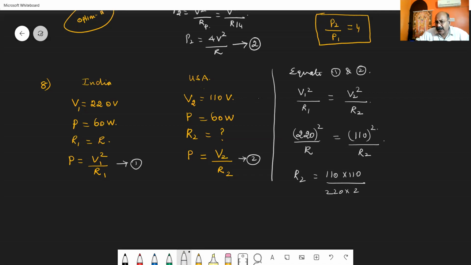I have taken R2 to the other side, 220 into 220 multiplied with R. When I am dividing this, I am able to get 4. So R2 will be equal to R divided by 4. So the resistance of the bulb is 1 by 4 times the original resistance of the bulb in India.